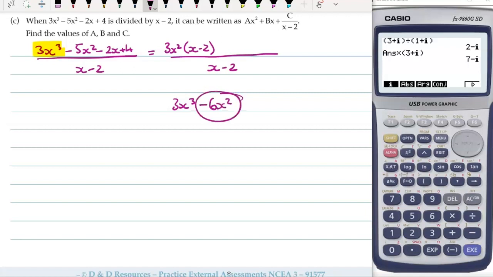So we compare this term here to the next thing that came along just there. Instead of it being minus 6, it's a minus 5. So we need to add an x squared back on so that it would be equivalent.